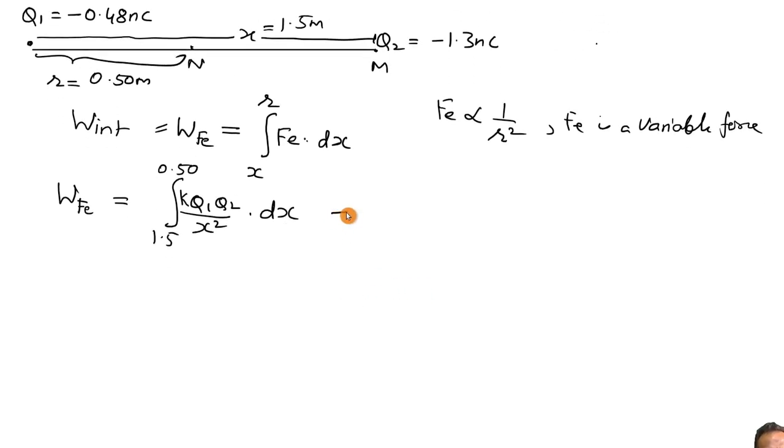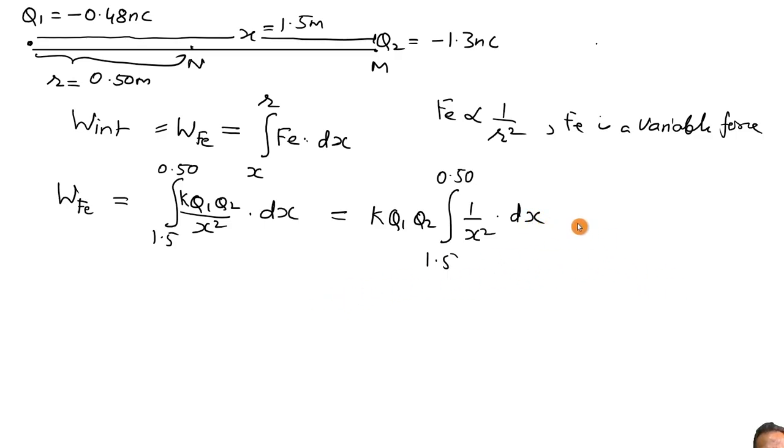Okay, now if you know a little bit of calculus, you can do this. In this case, the constant thing I am going to take out. So K Q1 Q2 is constant, that I am taking out, and the integration with limits 1.5 and 0.50, and here I am left with 1 upon x square dx.